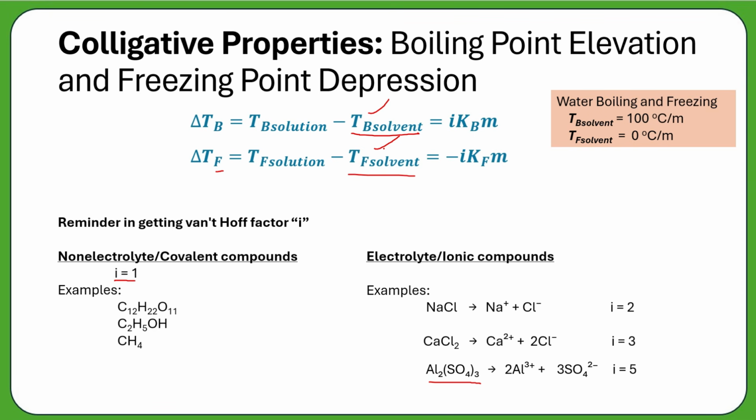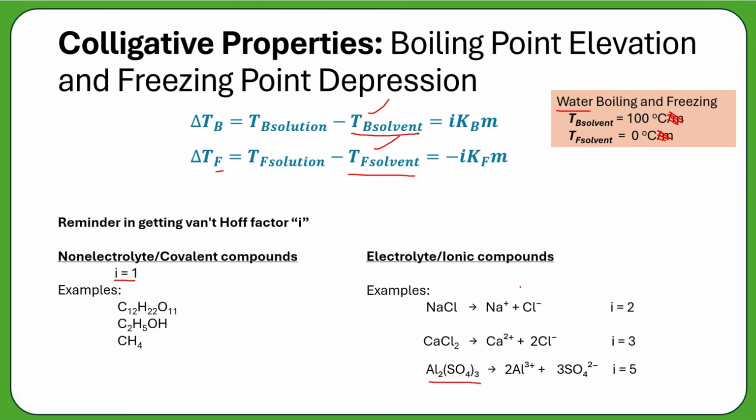The boiling point of the solvent, water, is 100 degrees Celsius. Oh, sorry, not included this one. It's just 100 degrees Celsius. And for the freezing point, it's 0 degrees Celsius. So that's the thing that you need to remember. If we're talking about water as the solvent, then we already know these two.